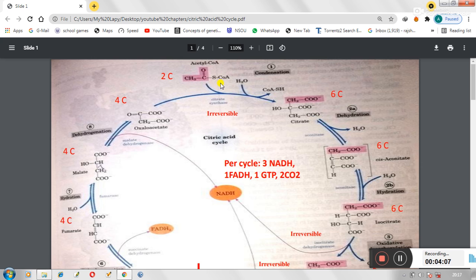Whatever food we take, whether it is carbohydrate, protein or fat, the fate is the same: they all pass through the same cycle, pyruvic acid is produced and enters the mitochondria, and then acetyl coenzyme A is developed. In the case of fat, the acetyl coenzyme A directly enters the mitochondria.